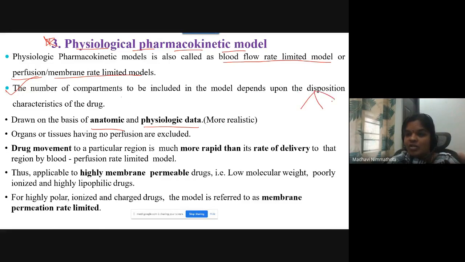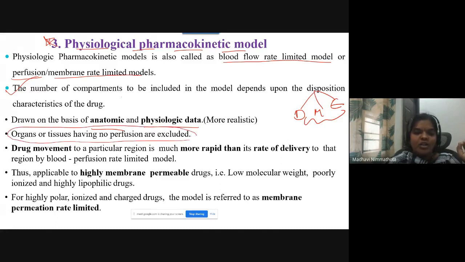Deposition includes distribution, metabolism, and excretion. So based on these three properties of the drug, your compartments may be designed and drawn on the basis of anatomic and physiological data. Organs or tissues having no perfusion are excluded in this model. Which are showing no perfusion?